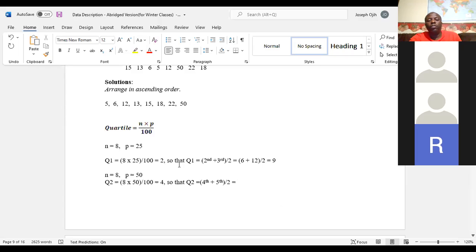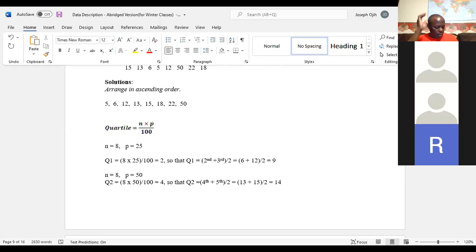The fourth number, 1, 2, 3, 4, is 13, plus the fifth number, which is 15, divided by 2. So 13 plus 15 divided by 2. 13 plus 15 is 28, so it's 14.